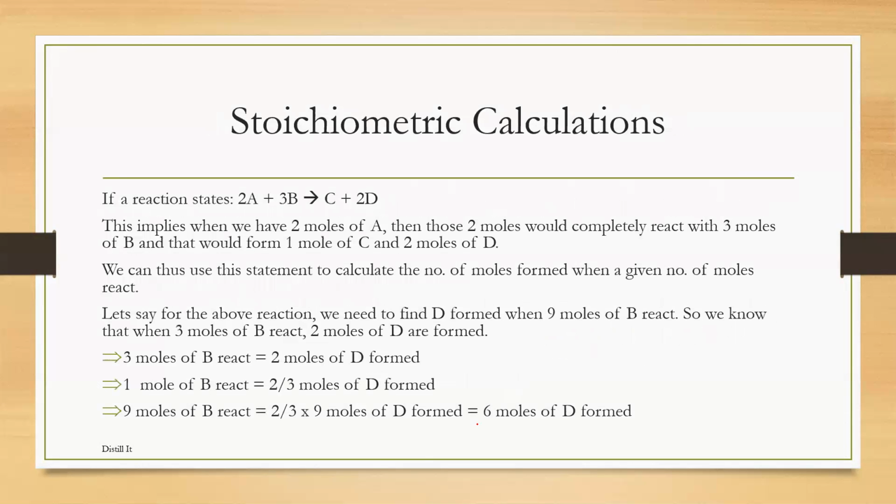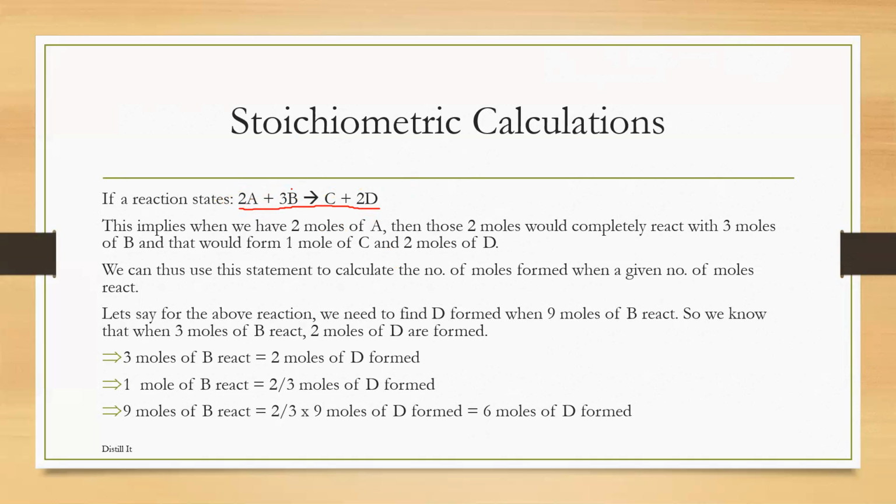Whenever we are doing stoichiometric calculations, just see this example. This is a very nice way. So we have this reaction 2A plus 3B gives C plus 2D.